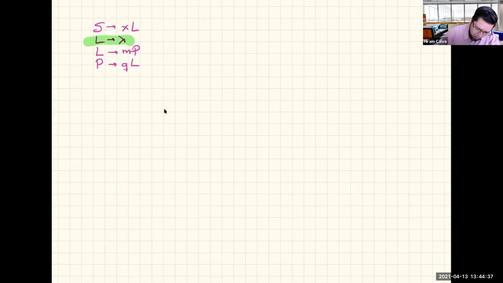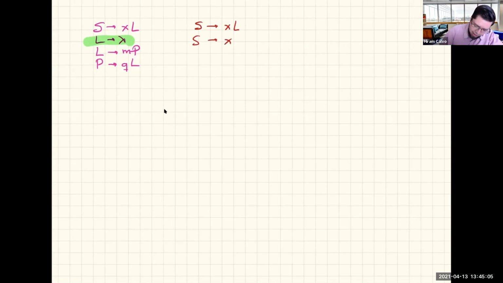So the way of converting almost any grammar with lambda rules is the following: whenever we have a lambda rule, such as that one, we need to rewrite all those rules that use it. For example, XL or X. But in this case, we don't disappear this one. We keep it.